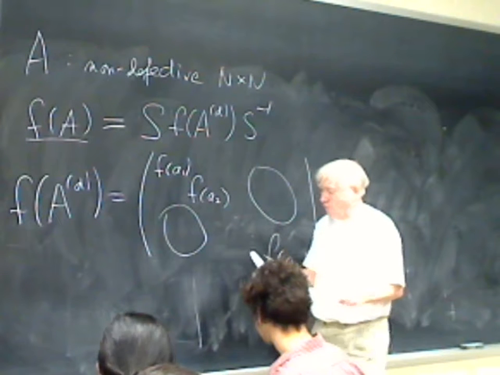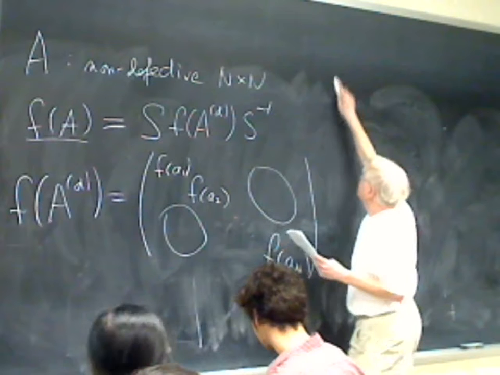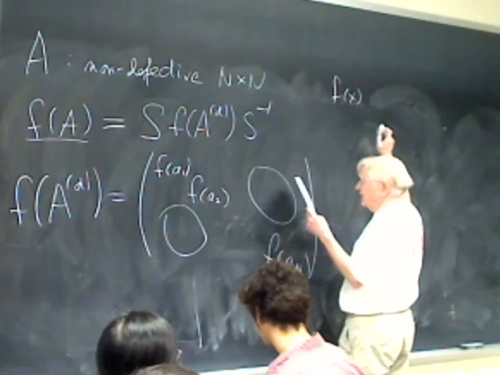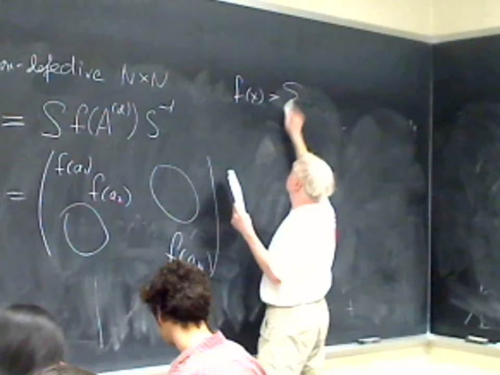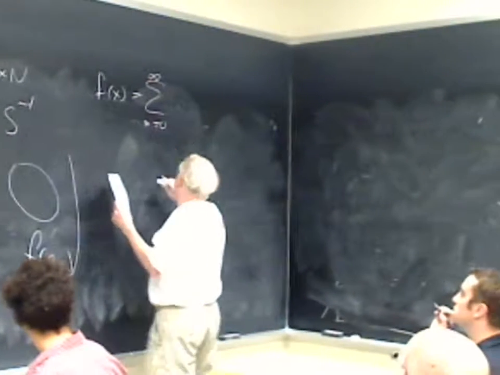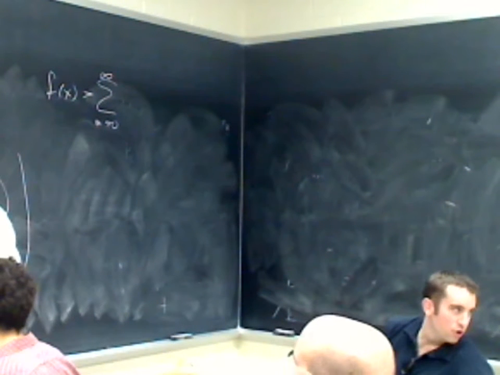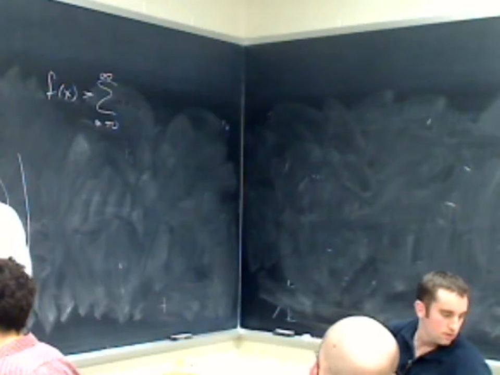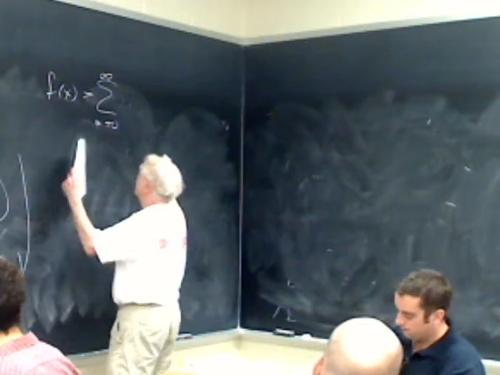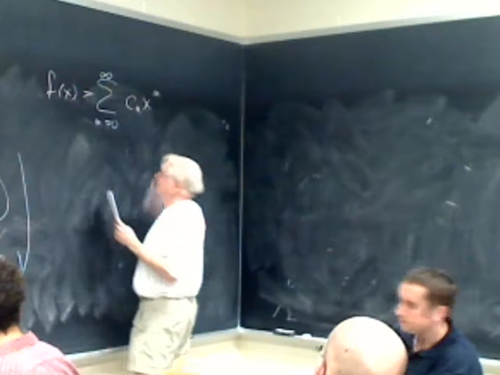All right, now let me show you why this definition makes sense. Let us suppose, just by way of illustration, that this function f, after all, is a function where we're using as the variable not just the real variable x but a matrix, and that f of x has a power series, the sum of c n x to the n.